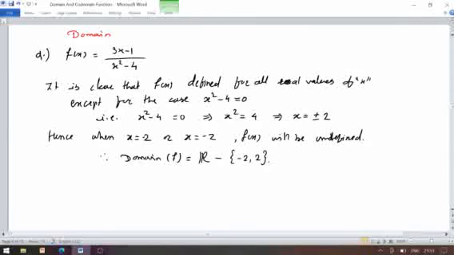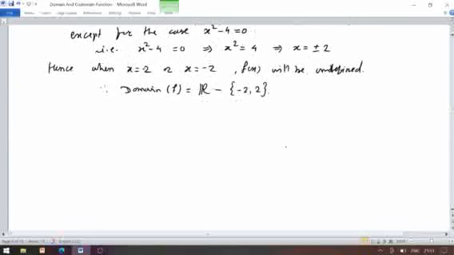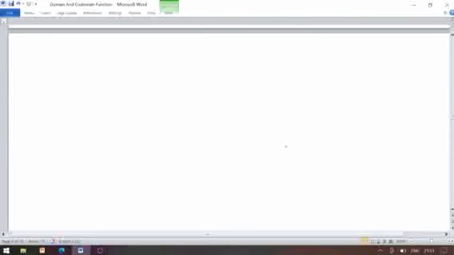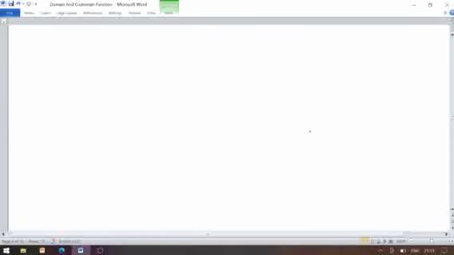Now look at the next question we have. It is again finding the domain of the function. Now suppose our denominator is a quadratic function. Suppose we now have f of x of the form x square plus 5 divided by x square minus 8x plus 15.